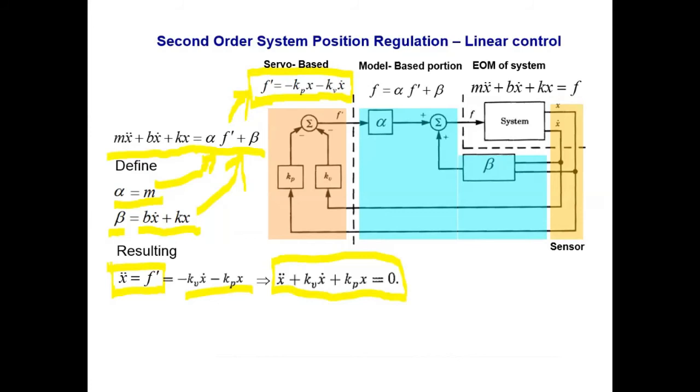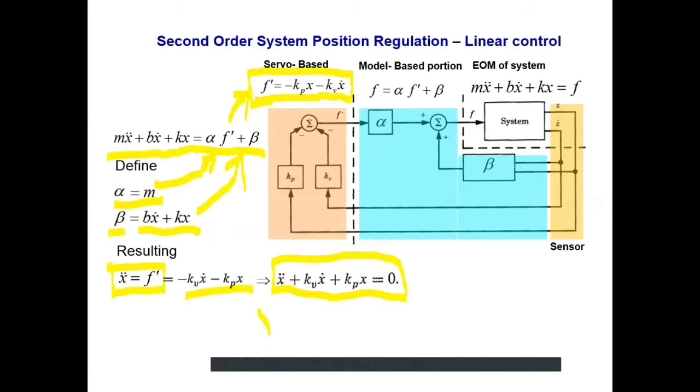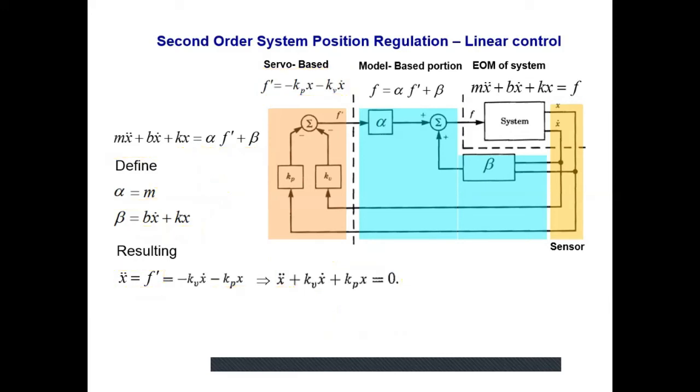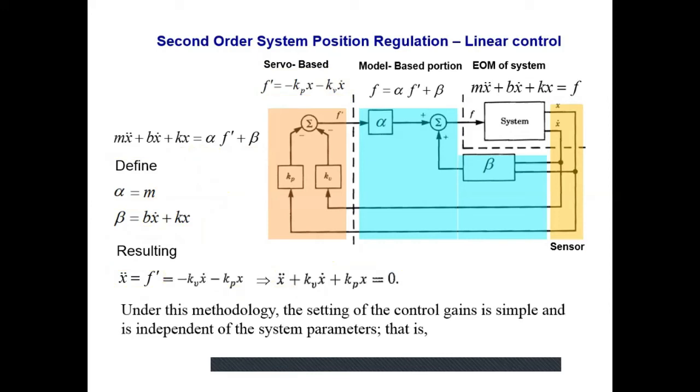In the previous method, the closed loop response was m x double dot plus b dash x dot plus k dash x is equal to 0. So you can see the difference in this method. Under this methodology, the setting of control gains is simple and it is independent of the system parameters.